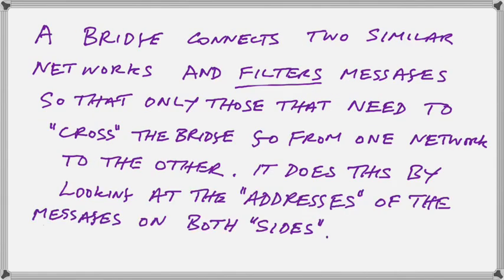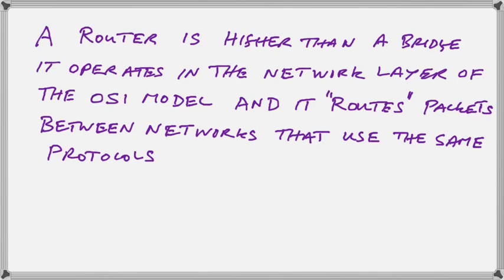Finally, we look at the router. Well, actually, we have another one to go, but the router is higher than the bridge. It has more authority because it operates in the network layer, whereas the bridge is down in the data link layer of the OSI model.